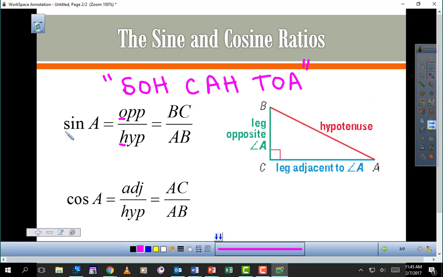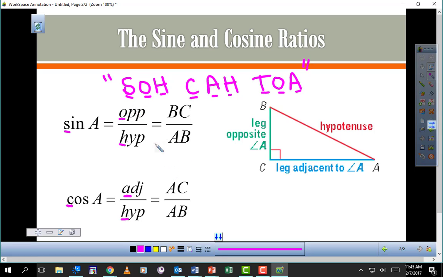So the sine is opposite over hypotenuse. CAH is the cosine. It's referring to the cosine and the adjacent side and the hypotenuse. So cosine is adjacent over hypotenuse. And the tangent uses the opposite and the adjacent. So this little phrase will help you remember which one's which. Does that make sense?